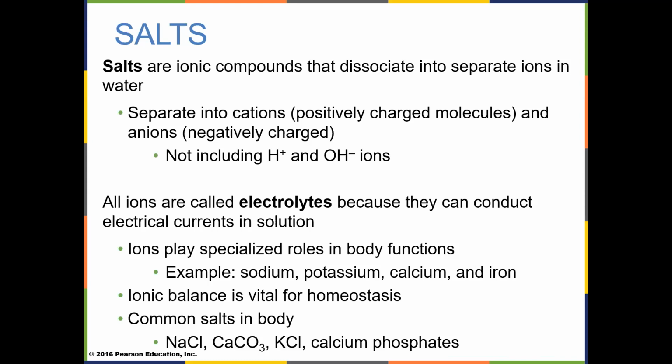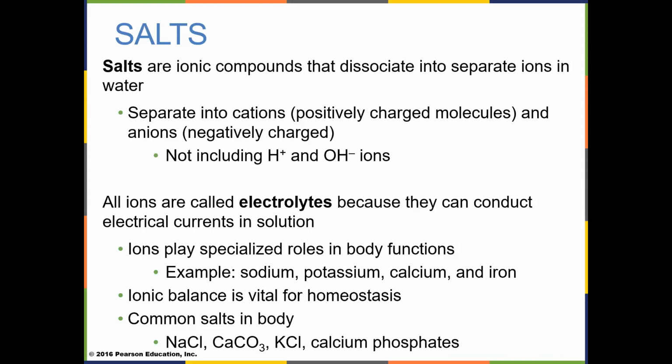The oxygen binds to an iron ion, which is in the middle of the hemoglobin molecule, which is why we have to have iron in our diet to make sure we can make enough hemoglobin to carry enough oxygen. So we have to make sure we have an adequate amount of all of these ions in our bodies to maintain homeostasis. I haven't said it for a couple of days, so I'll say homeostasis. Balance. It applies to the ions too.